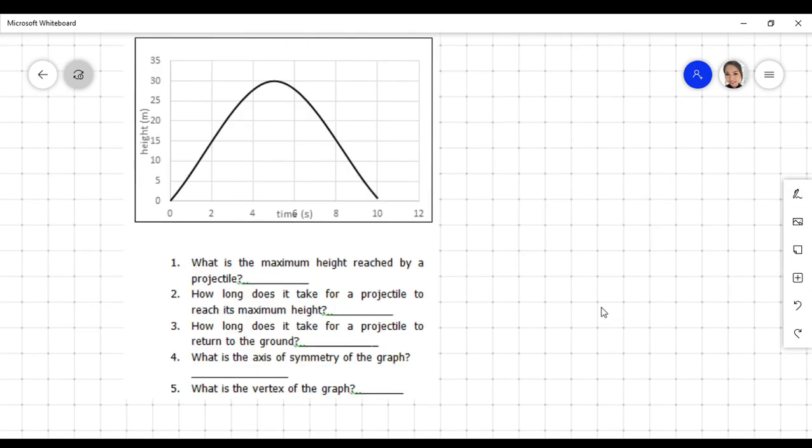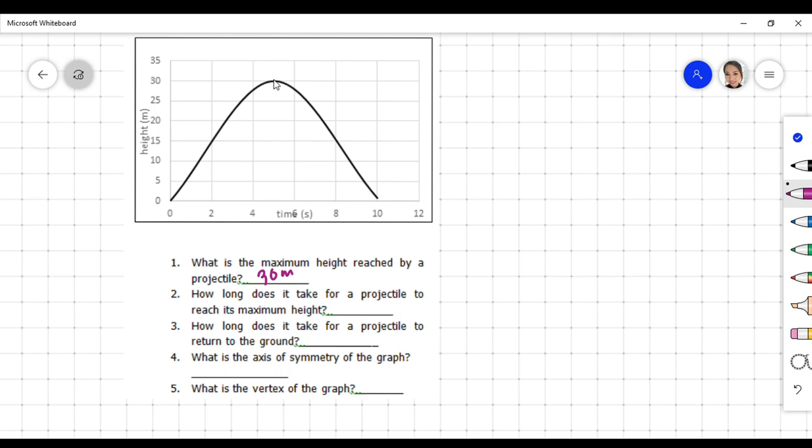We have the graph. On the x-axis, we have the time in seconds, and on the y-axis, we have the height in meters. So we have the graph here, a parabola facing downward. Now the first question, what is the maximum height reached by the projectile? So obviously the maximum height is 30 meters. Okay, so that is 30 meters.